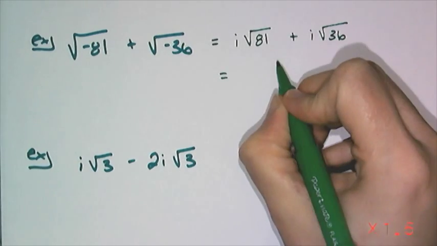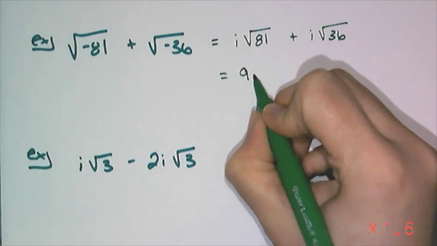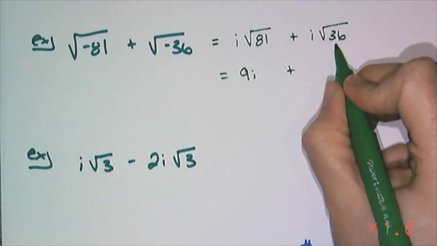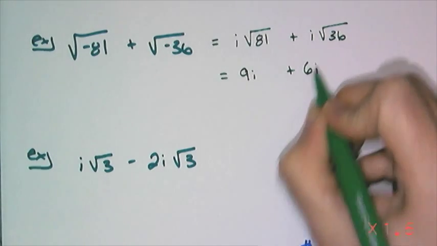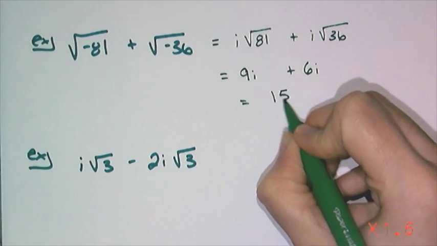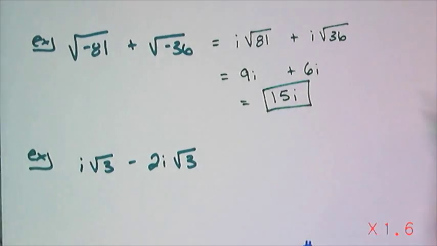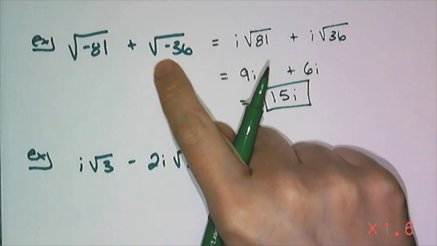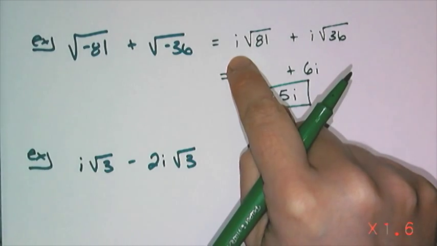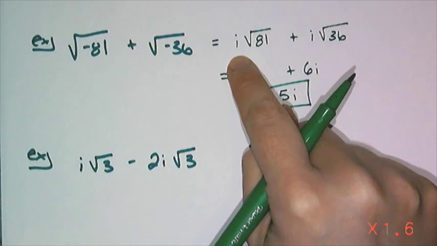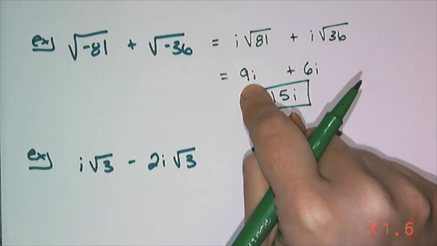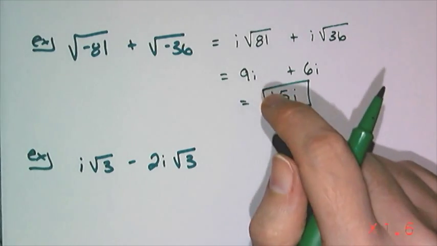And of course we know root 81 is 9, so this is 9i, and root 36 is 6, so this is 6i, which gives us a total of 15i. So when we are asked to work with these numbers, you want to convert them so that they have the i for imaginary, and you treat those i's just like you would variables and combine like terms as necessary.